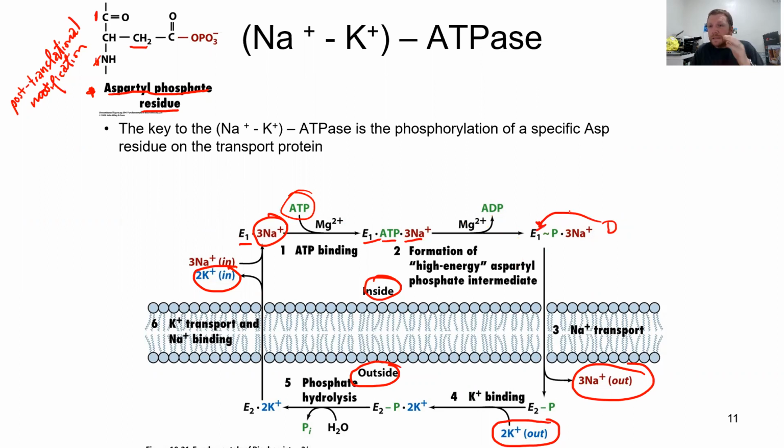Okay, so this enzyme becomes phosphorylated. At that point, it can undergo a conformational change. The sodium can be transported to the exterior side of the lipid bilayer, and subsequently, that sodium can be released outside of the cell. Okay, at this point, our enzyme is still phosphorylated and now can bind to our 2 potassium ions.